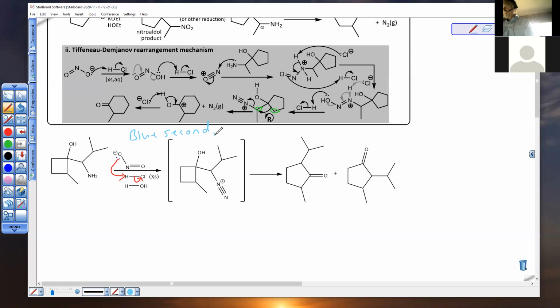Maybe even a green third. So what's going on? We've done the first part, protonation. So we would be here. What's next? The black is next.